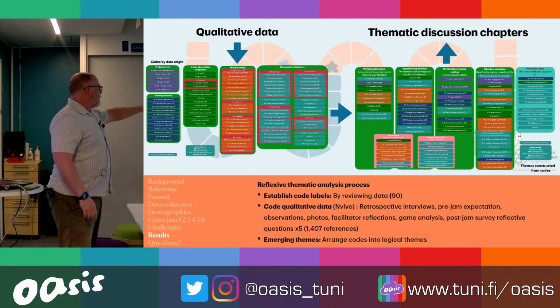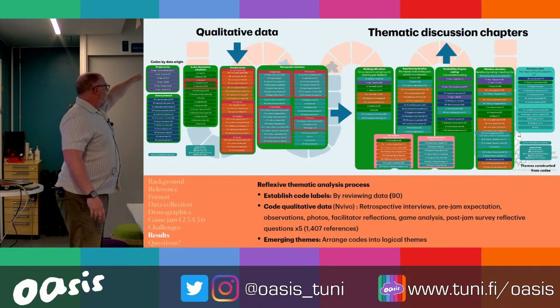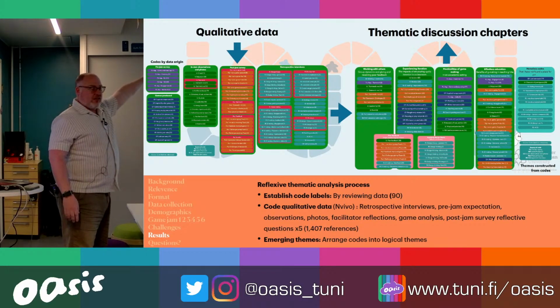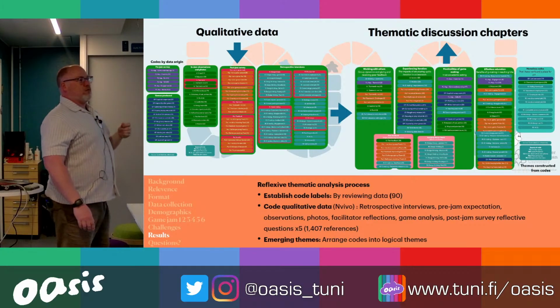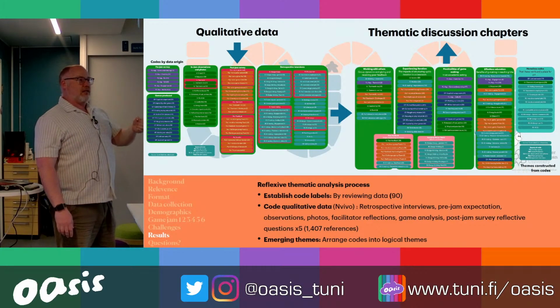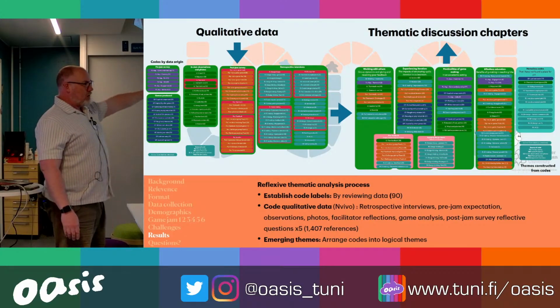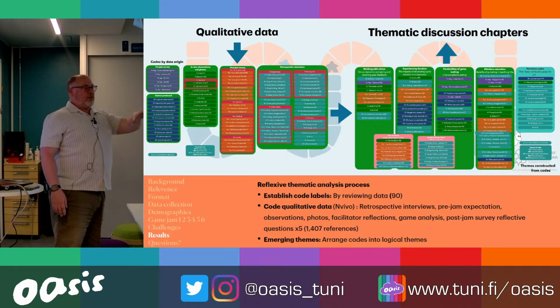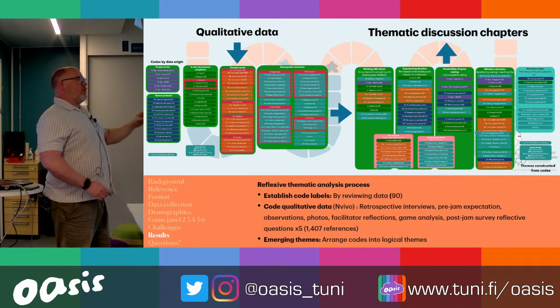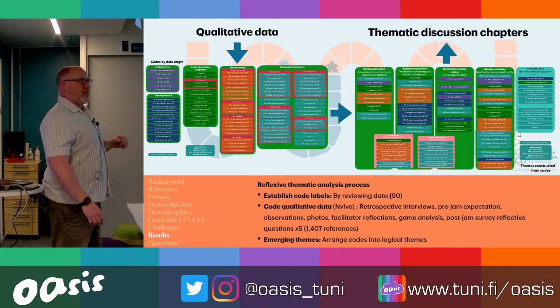So you establish code labels, which is what I'm showing on this side. Those would be things like positive examples of teamwork. Then you run through absolutely everything, which takes almost forever, and you go, oh, that's somebody mentioning a positive thing about teamwork.